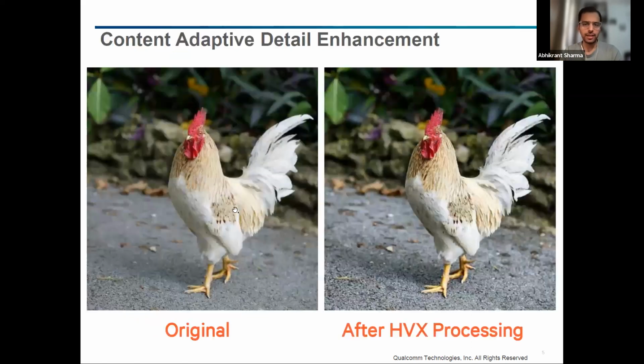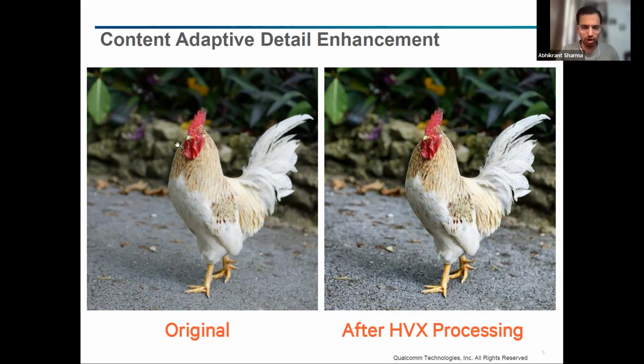There's one more algorithm that I have. It's called content adaptive detail enhancement. As the name signifies, when we click an image, the raw data that comes from the image sensor might not be able to capture all the details. But on top of that, we apply some kind of computer vision algorithms, which try to extract some meaningful information or try to enhance the details of the object.